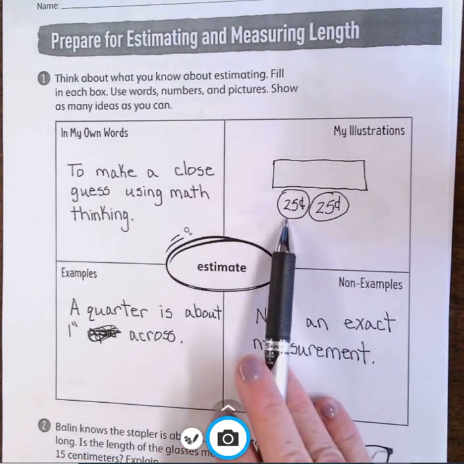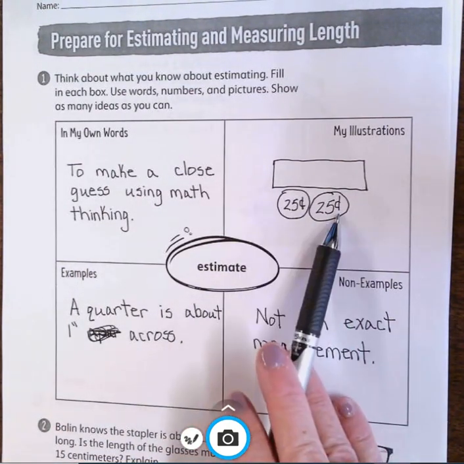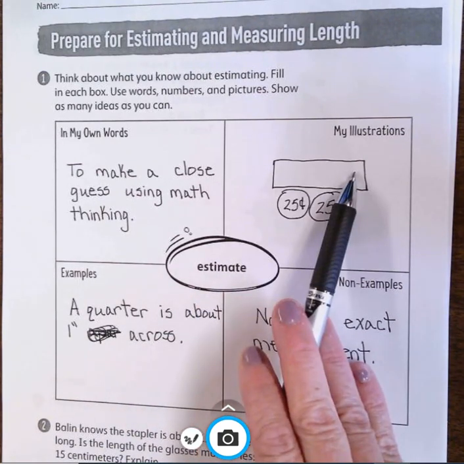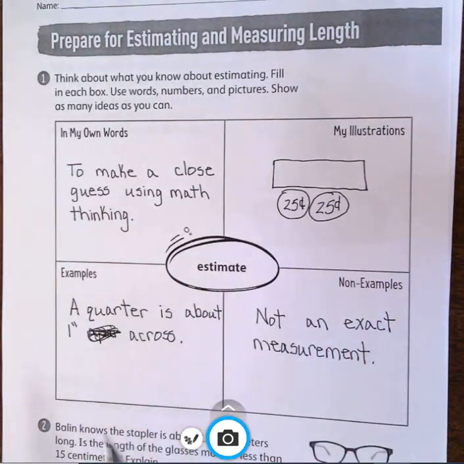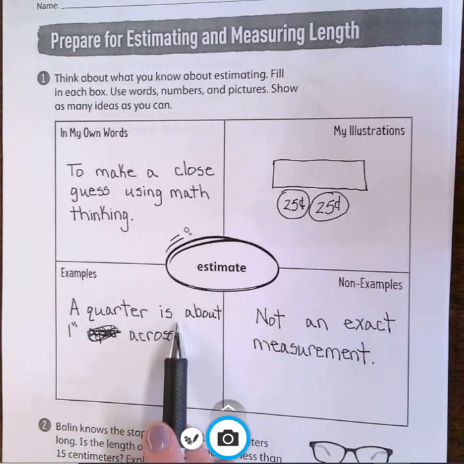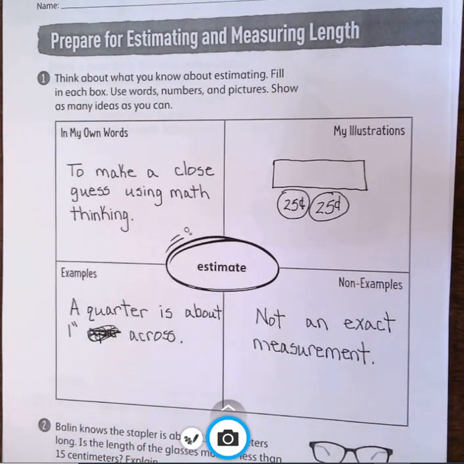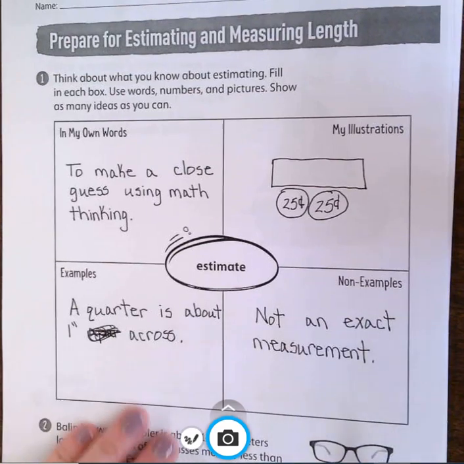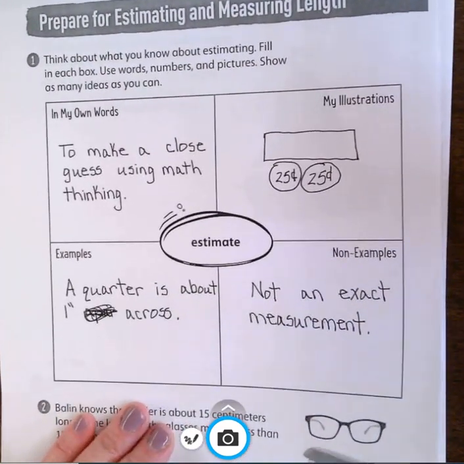An illustration is using like quarters instead of a ruler to measure this. We know this is about 2 inches. Another example is we know that a quarter is 1 inch across. And something that is not an example is an exact measurement. An estimate is never going to be an exact measurement.